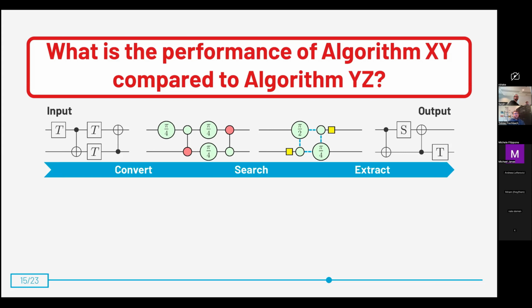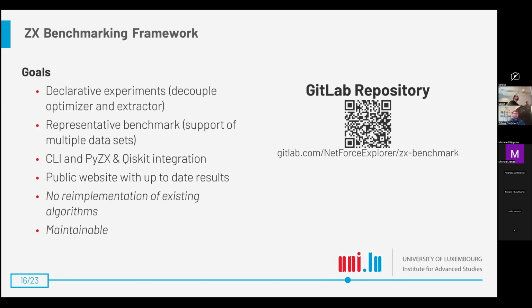And this brings me to the main reason why I wanted to give this talk, because I would like to have your feedback. In the recent months, I was working on a benchmarking framework, and the code, I put a QR code there so we can just scan it, is on GitLab.